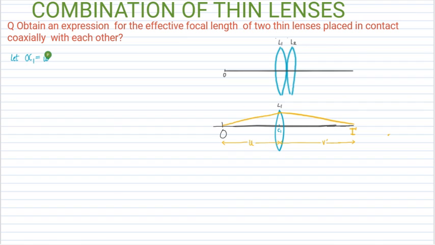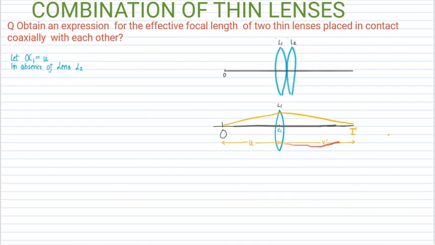Now, in the absence of your lens L2, what happens?